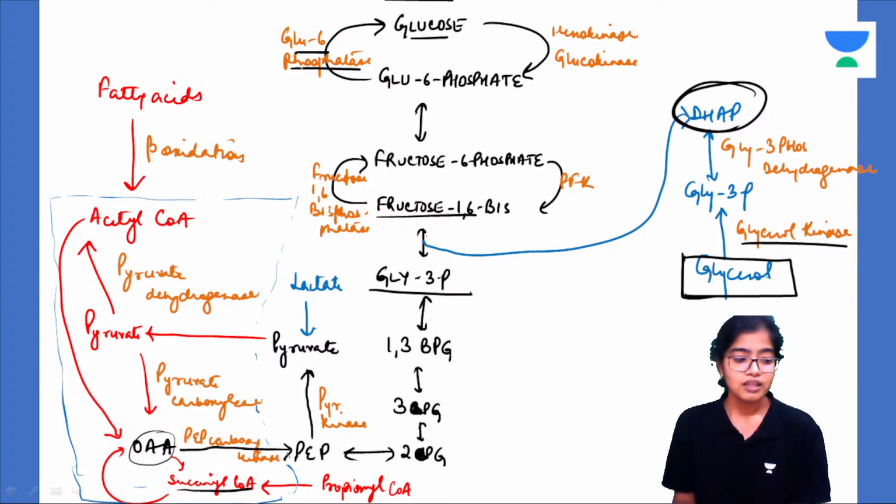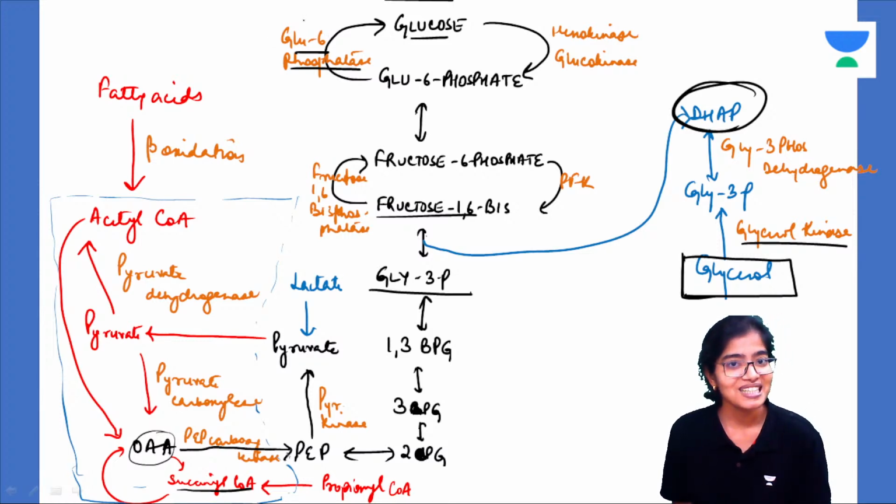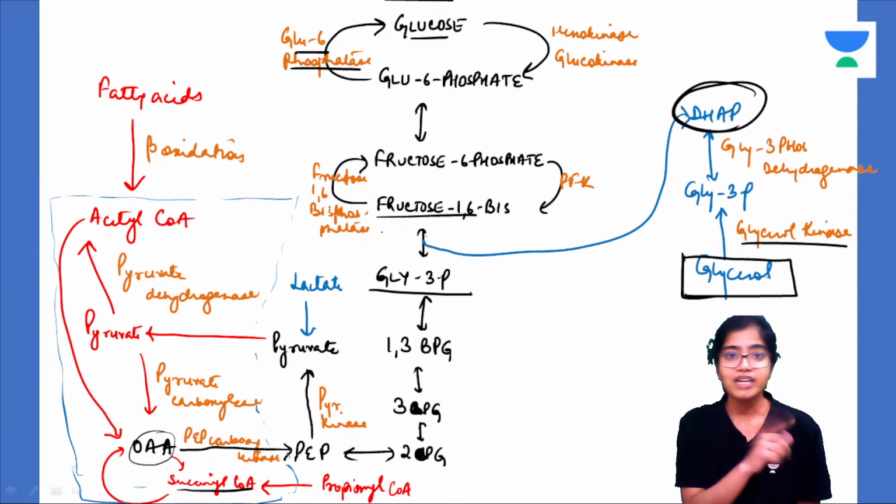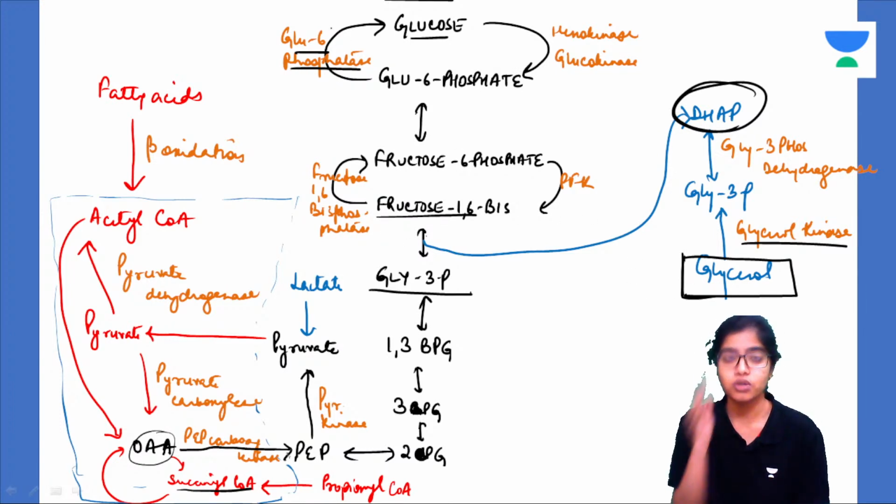This step cannot occur in the muscle and in the adipose tissue because they lack glucose 6-phosphatase. This step cannot occur in the smooth muscle and the heart because they lack fructose 1,6-biphosphatase. Clear how we have linked whatever we have understood? So this is how glycerol forms glucose.